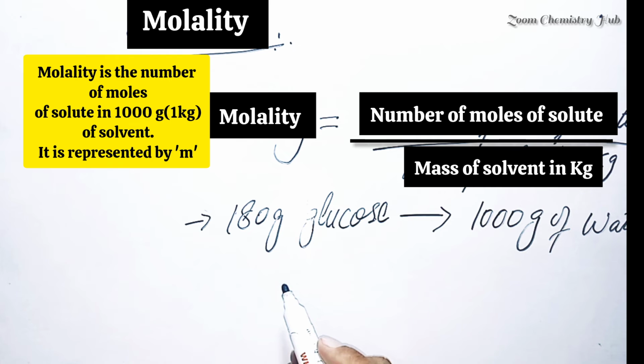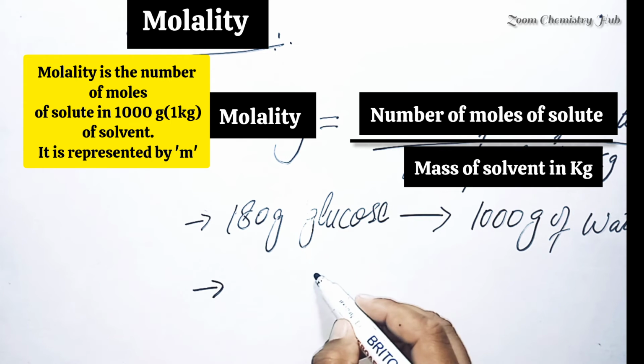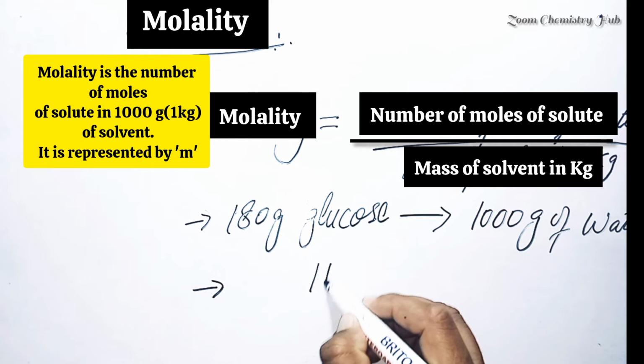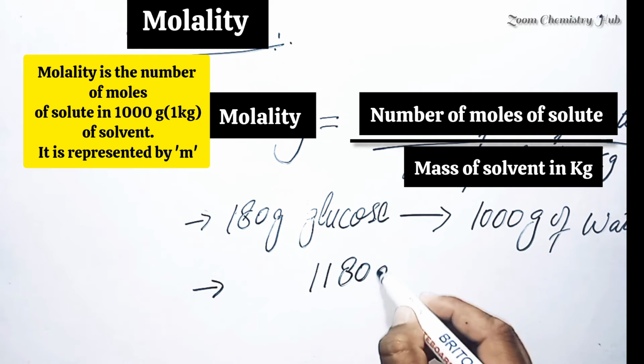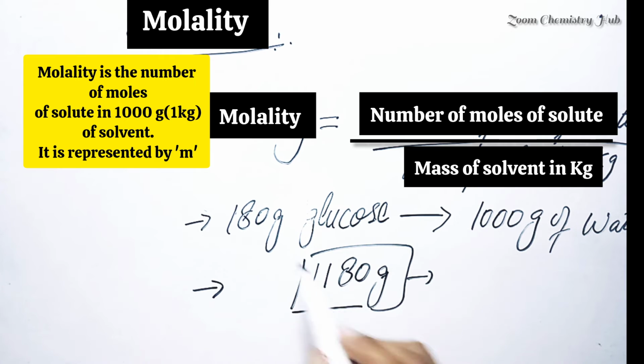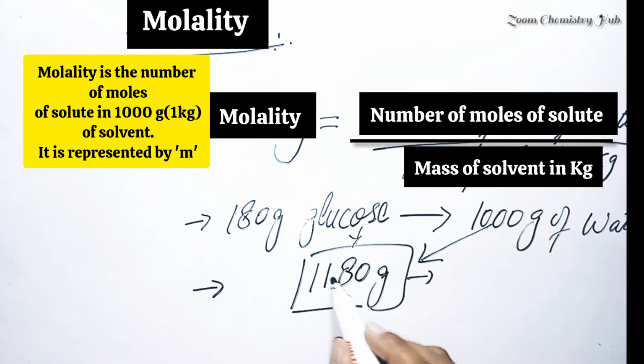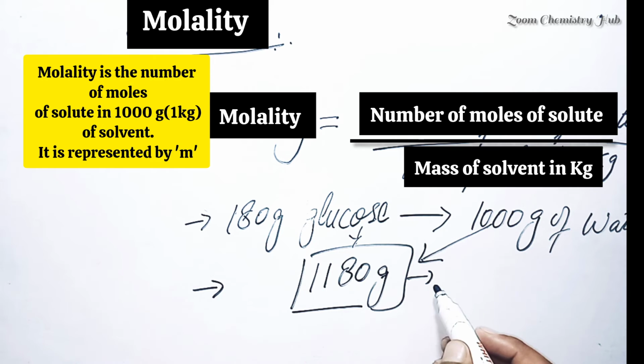And here the total mass of solution is 1180 gram. Here the 180 gram of glucose and 1000 gram of water, so the total mass of this solution is 1180 gram. Molality is represented by small m.